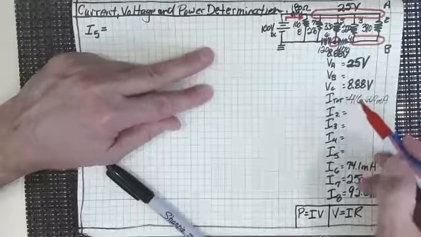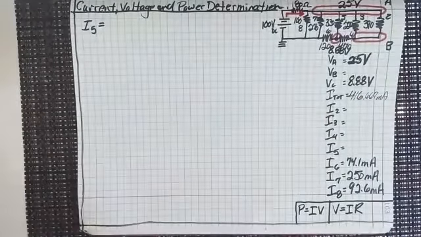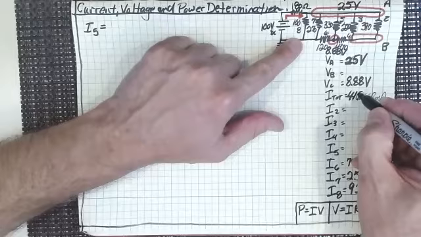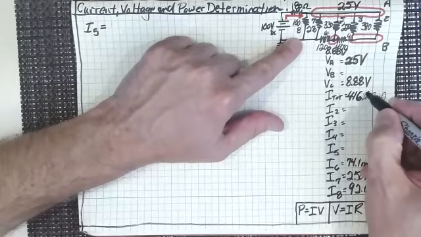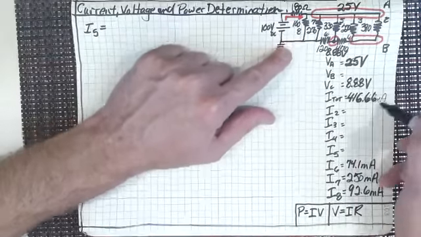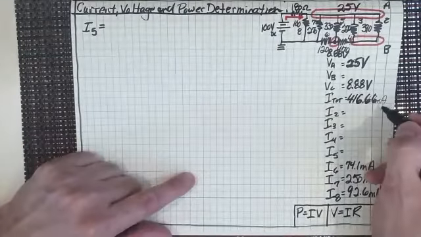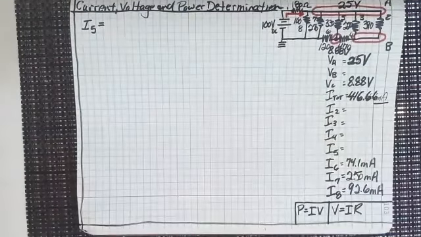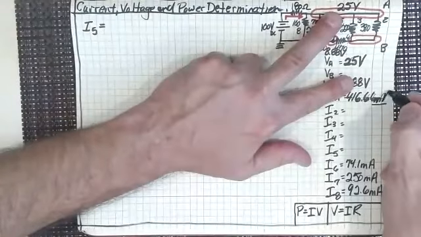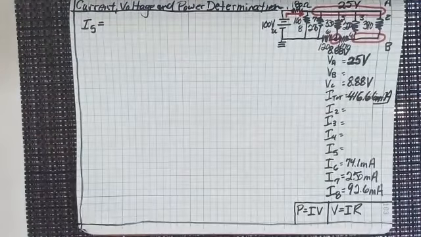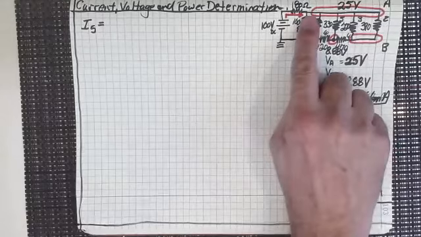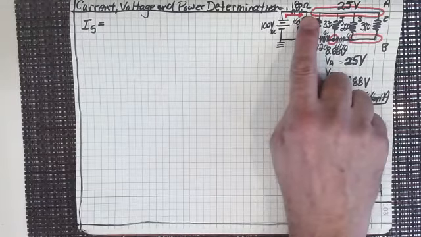That's 416.667 or 0.66 milliamps, right? That's milliamps.